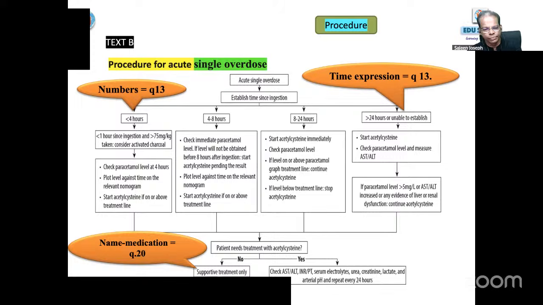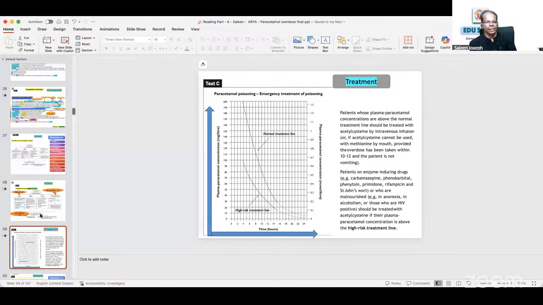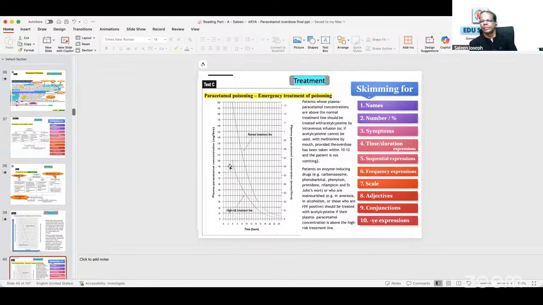In the table, below you have hours, and vertically you have milligram per liter, plasma paracetamol concentration. So hours and milligram per liter are important measurements. What else do you have? The normal treatment line, then the high risk treatment line, in the graph.